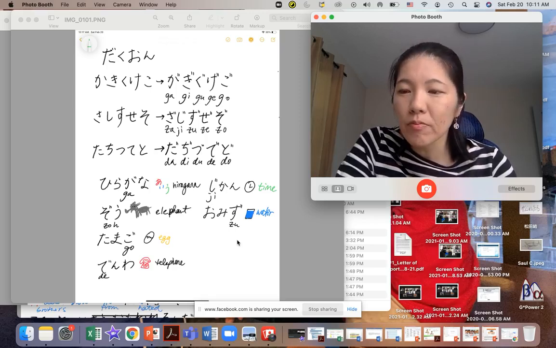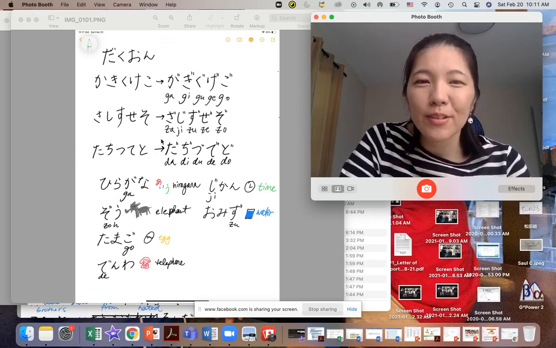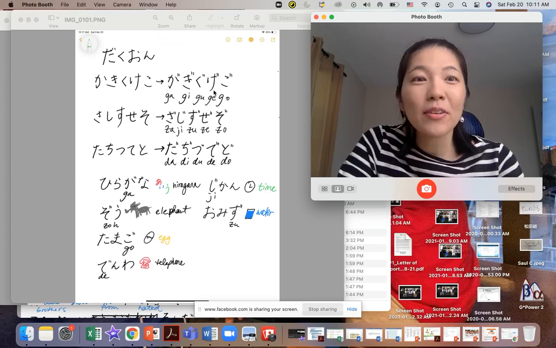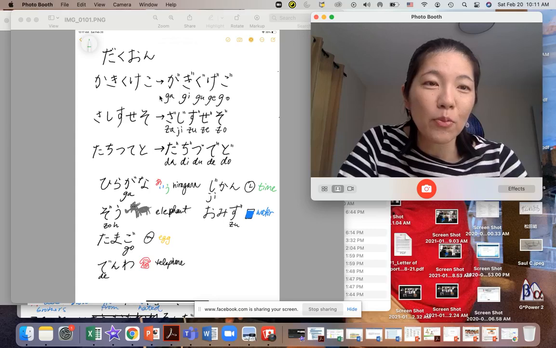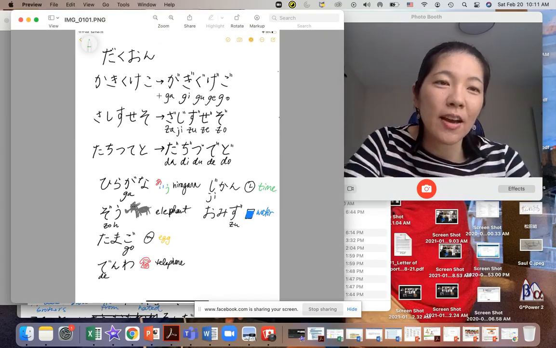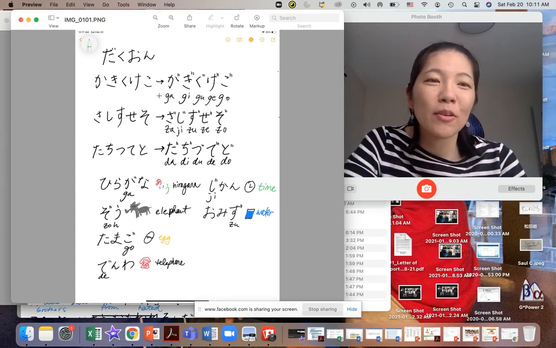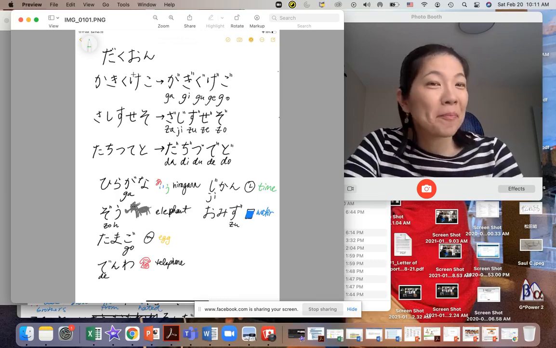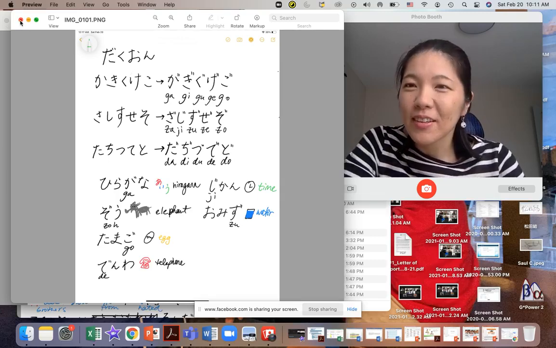All right, so hiragana corner is done. Now it's building on what you already know. We'll do a chunk at a time and do some irregular ones, and then eventually move on to katakana. So, guys, stay tuned.